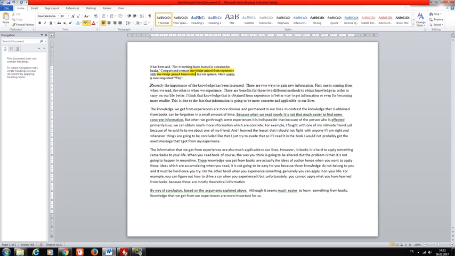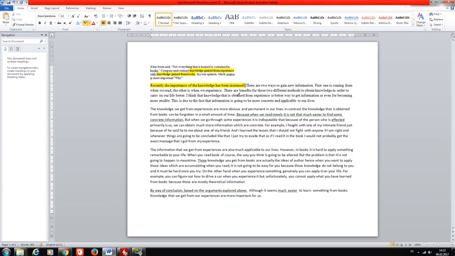So our general statement here is, recently the importance of knowledge has increased. It's so general. It's not even talking about books or anything like that. But we know that books include a lot of information, so information is more general, and knowledge is more general.